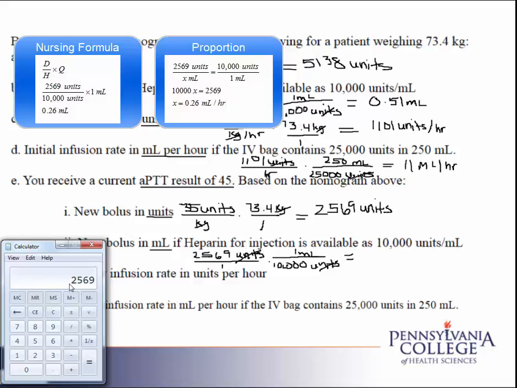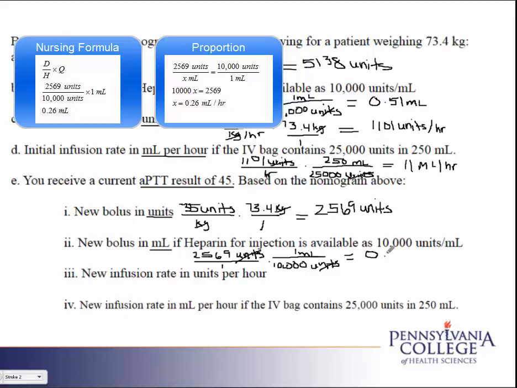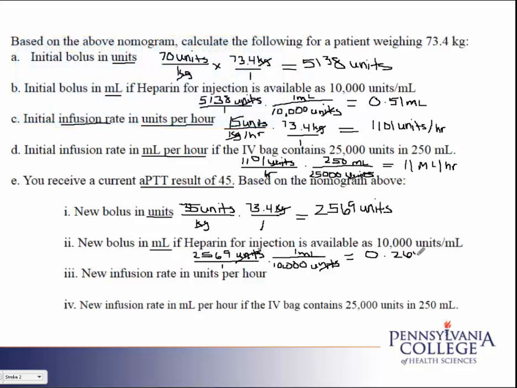I already have the 2,569 on my calculator, so I just divide by 10,000. Because this is going to be given with the 1 milliliter syringe, I need to round it to the hundredths place, so I'm going to give an answer of 0.26 because the 5 rounds up, and that is in milliliters.